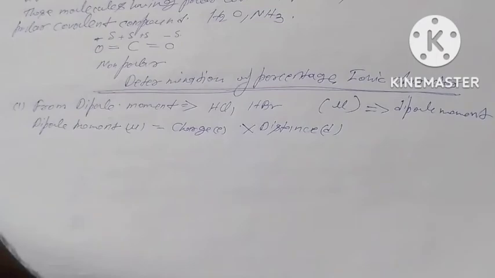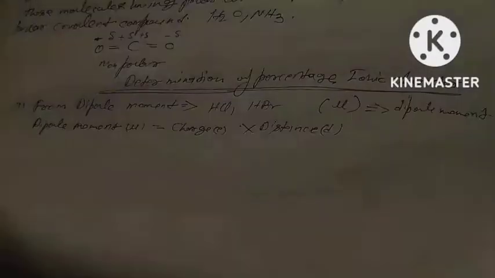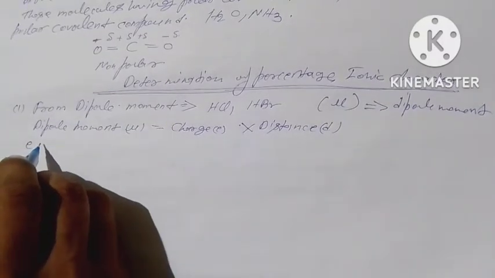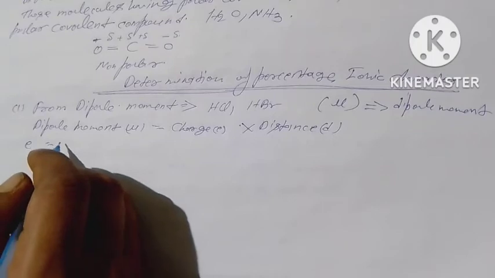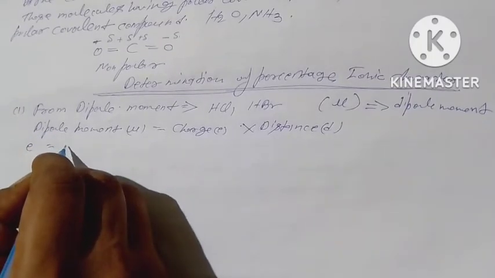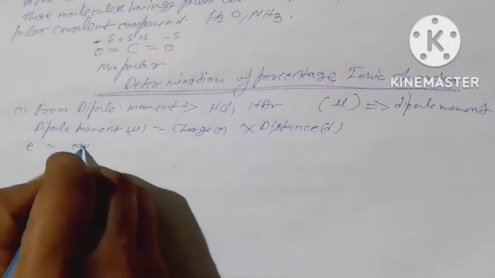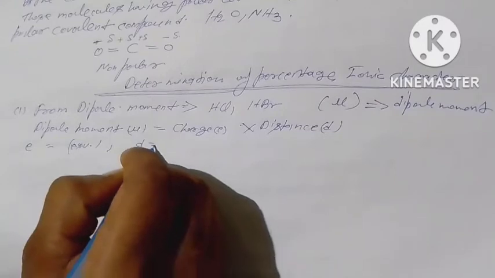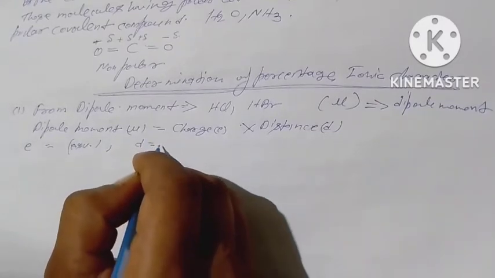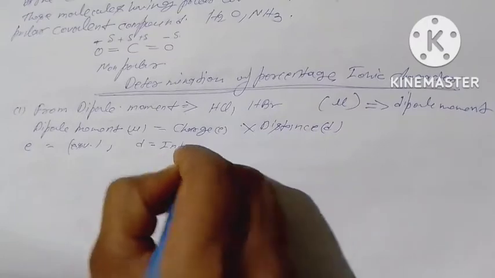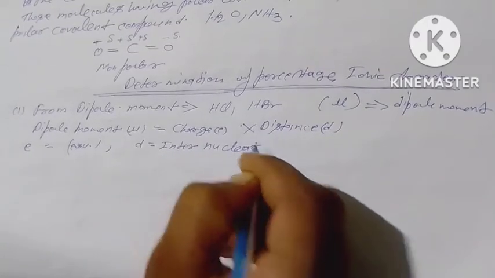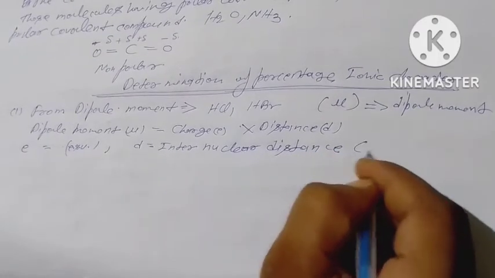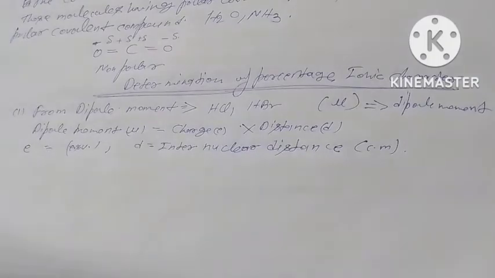Here e is the magnitude of separated charge in ESU, and d is the internuclear distance, that is in centimeter.